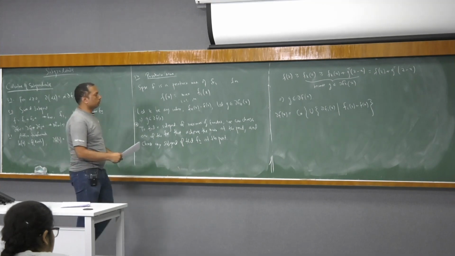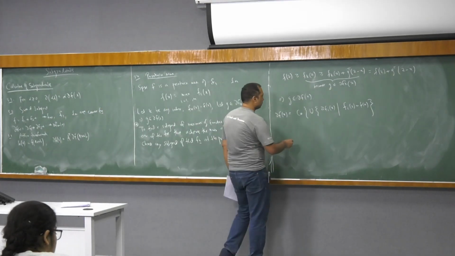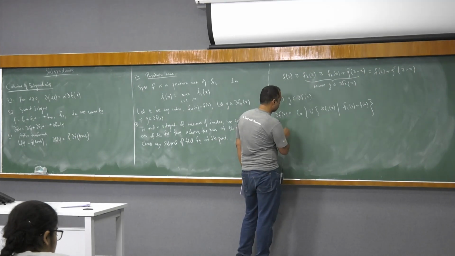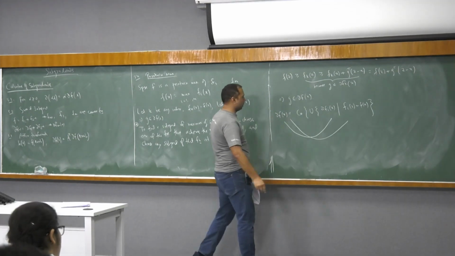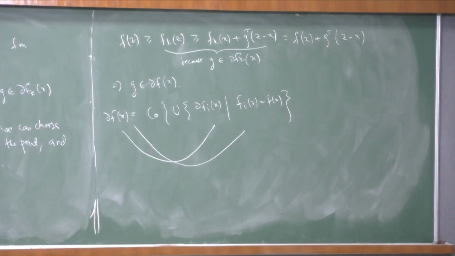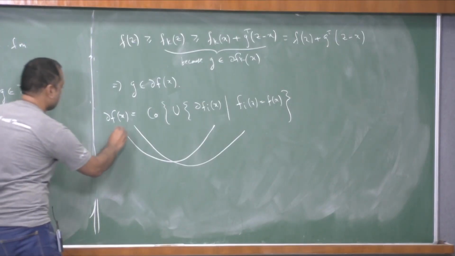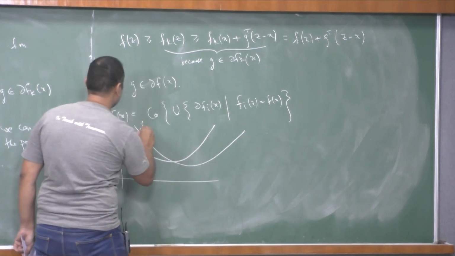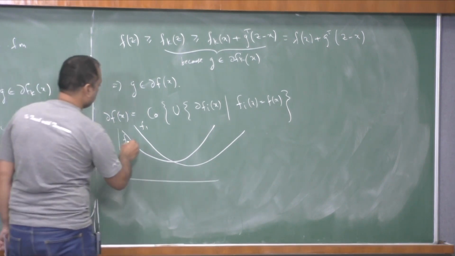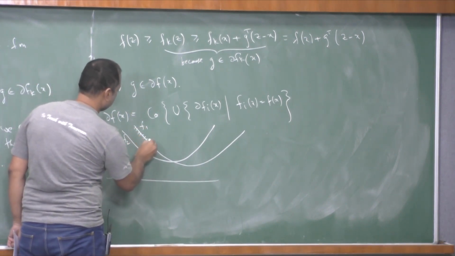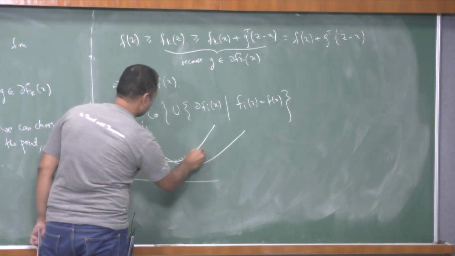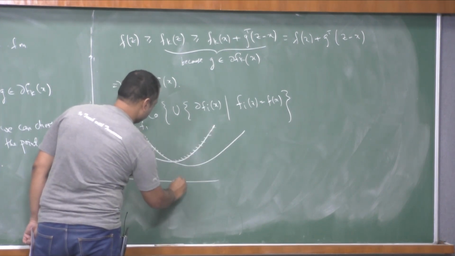Okay, so if we want to look into this in the form of pictures, then let us try to create something. Maybe let us stick to 2, right? So we have f1 and f2, and we are supposed to find the pointwise max. So this is our f1 and this is our f2. If we pick the pointwise max, then we pick this one until here, and then we pick this one from here onwards.